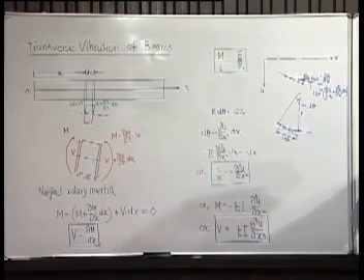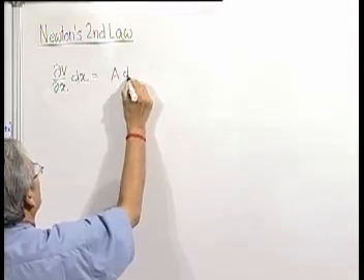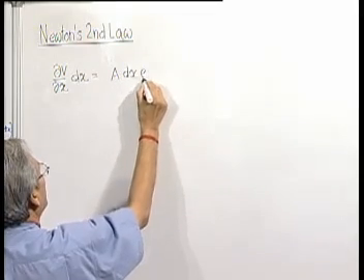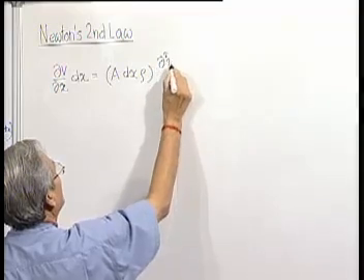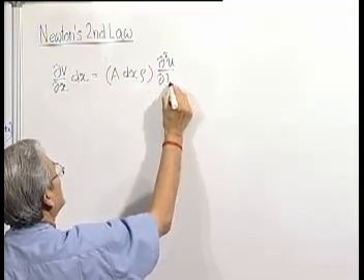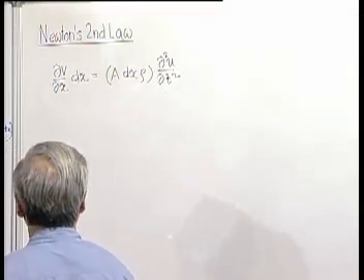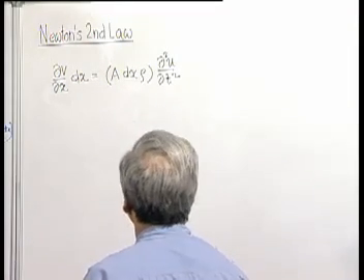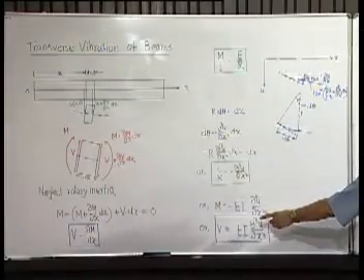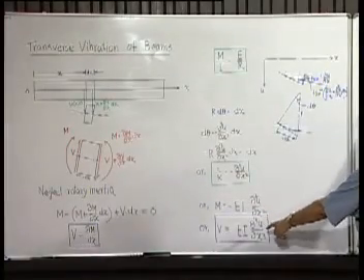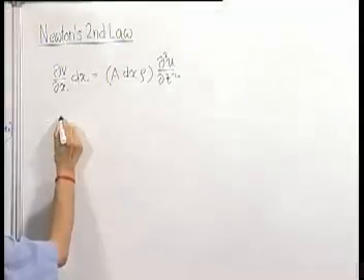The mass will be A into dx, which is the volume, into rho, and del 2u del t square is the acceleration. So, using this, del V del x into dx, we get minus EI.